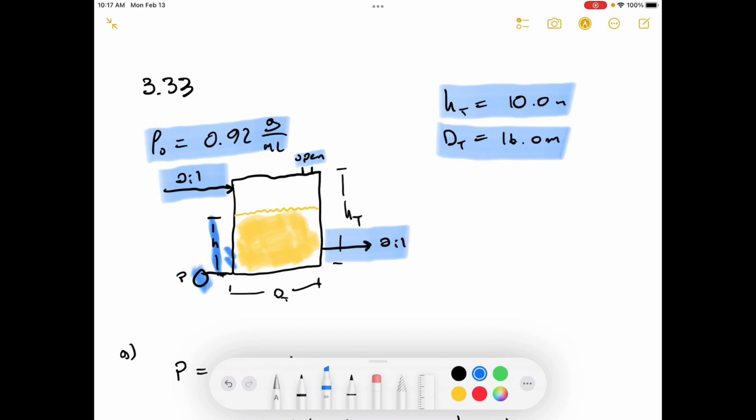The other thing you'd want to pay attention to in some of these processes is that you don't want whatever is contained in the head space to get sucked out with the outgoing pipe. So let's say this line is not close to the bottom of the tank. Let's say it's right here in the middle of the tank.